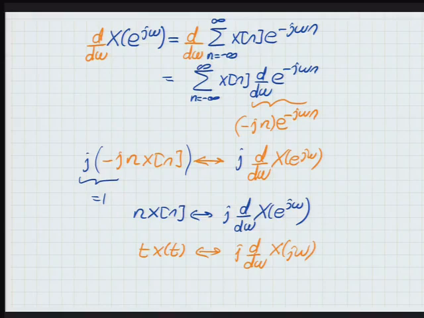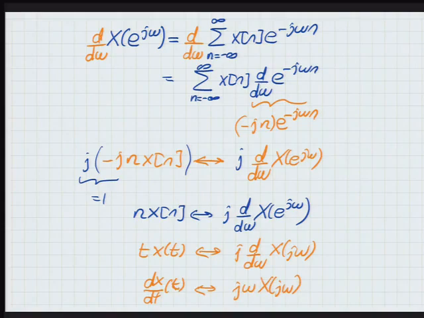In CTFT, continuous time Fourier transform, we also took derivatives of the synthesis equation with respect to t, right? So we had an analogous result that said dx/dt of t is going to give us j omega X of j omega, right?